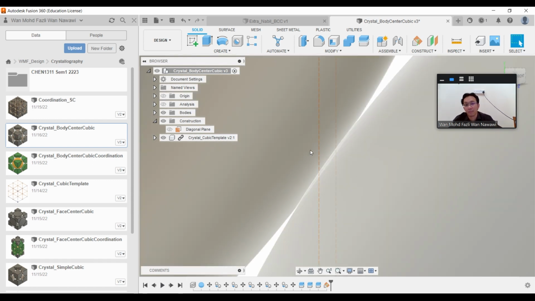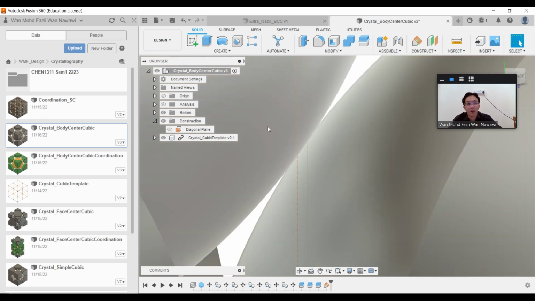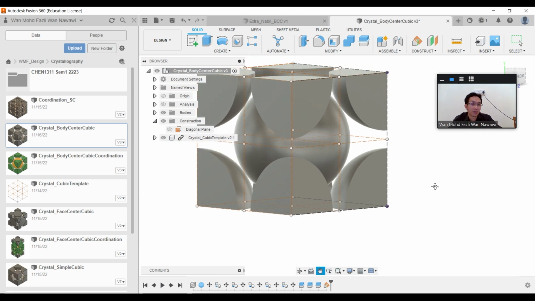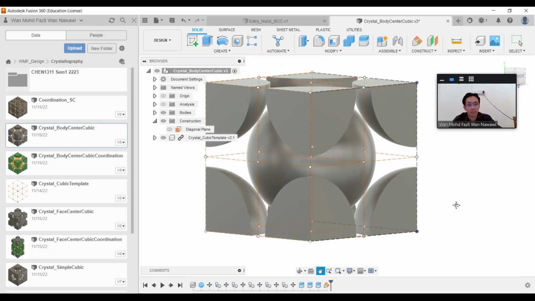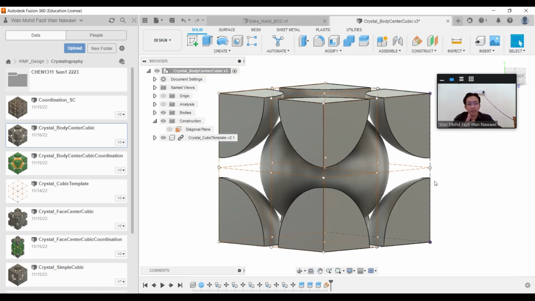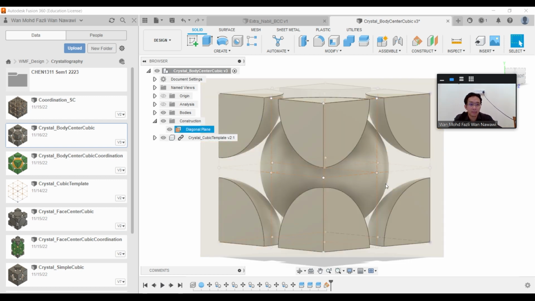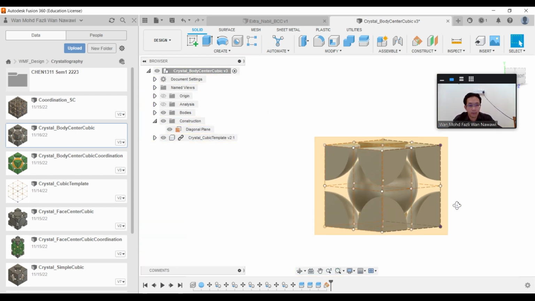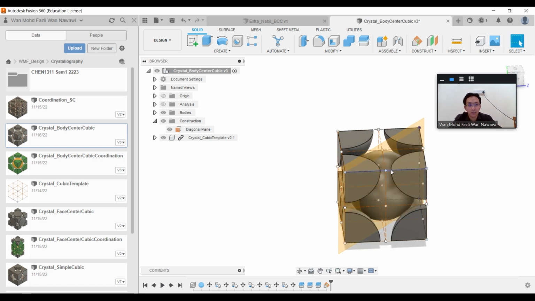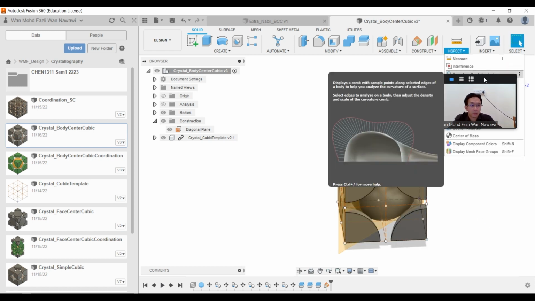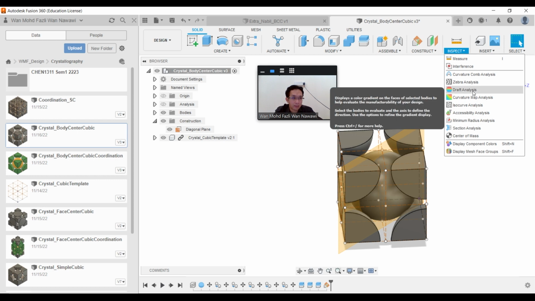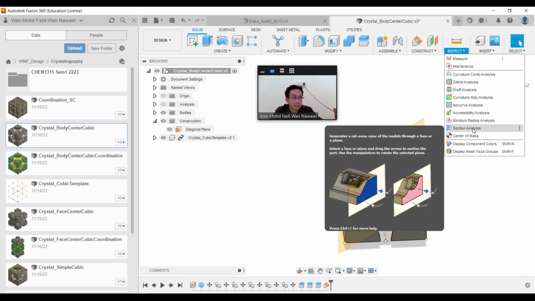The corner atom is connected with the body atom, the center atom. Why is this connectivity important? Because when you cut this in a plane, let's say I cut like this, in the diagonal, and then I inspect the section analysis.